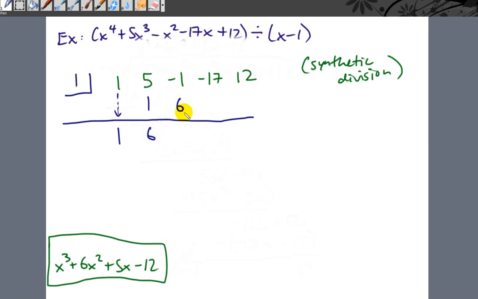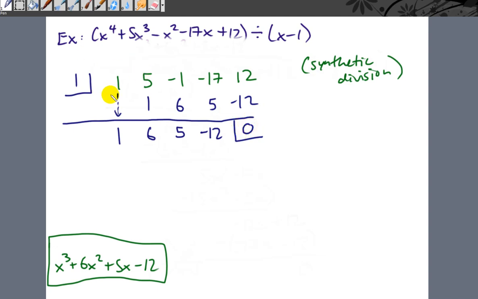So 1 times 6 is going to be 6. -1 plus 6 is going to be 5. Then we multiply again. So we have 1 times 5, and it's going to be 5. -17 plus 5 is going to be -12. Then we multiply this number and this number together. So we get 1 times -12, and we get a lovely -12. And 12 plus a -12 is going to be 0.